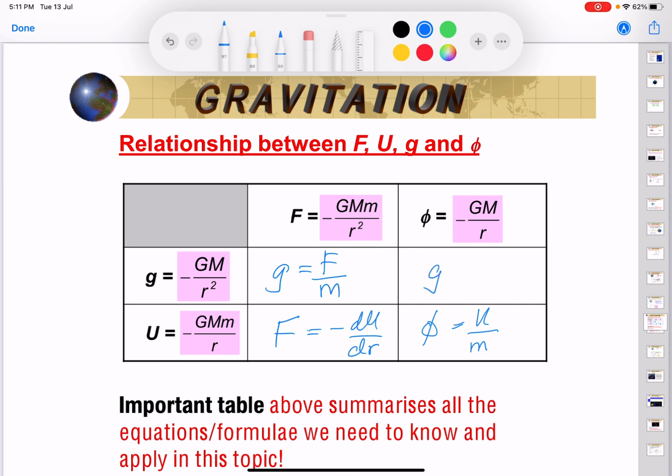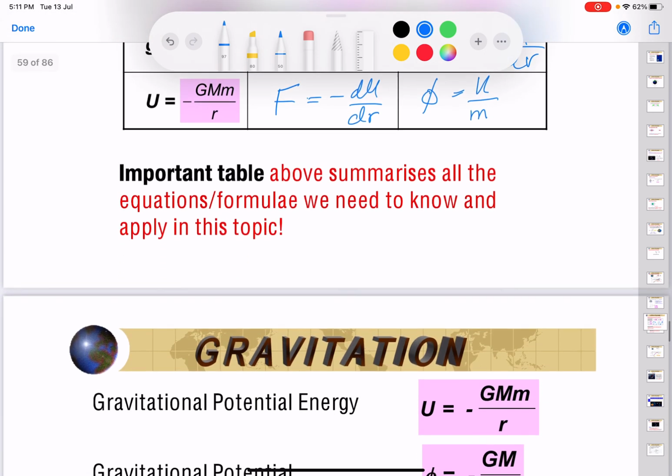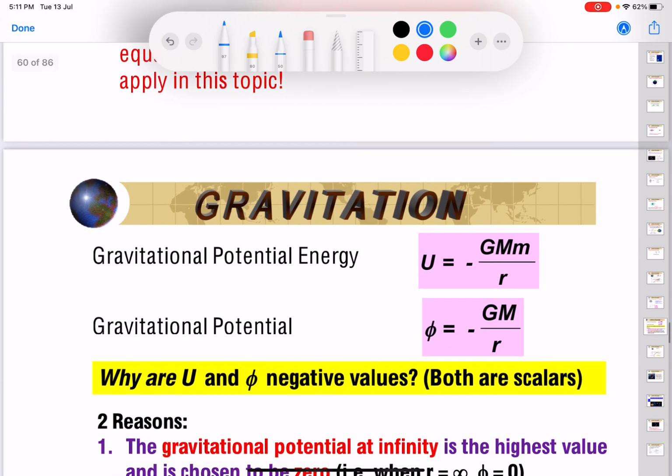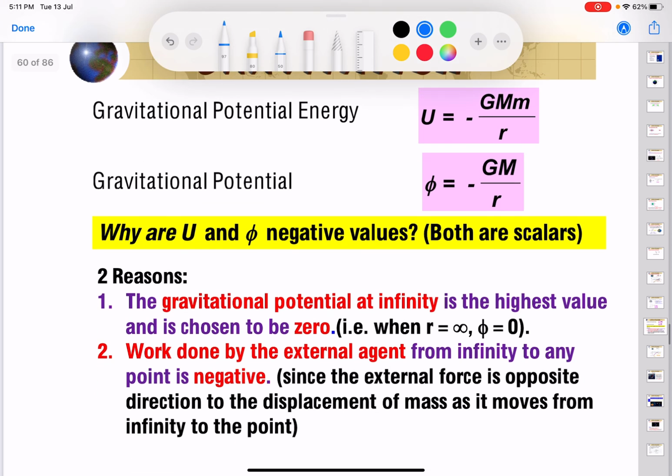And g is minus d phi/dr. Okay. And these are the two key points that you need to take note of when we work with gravitational potential and gravitational potential energy.